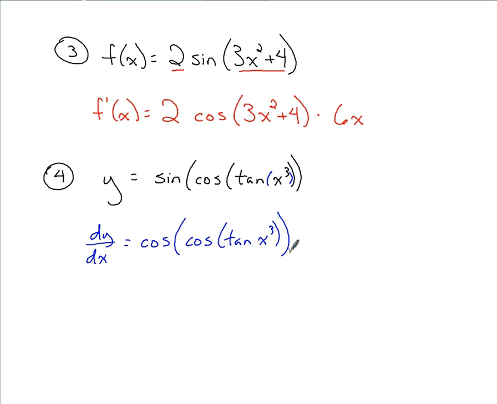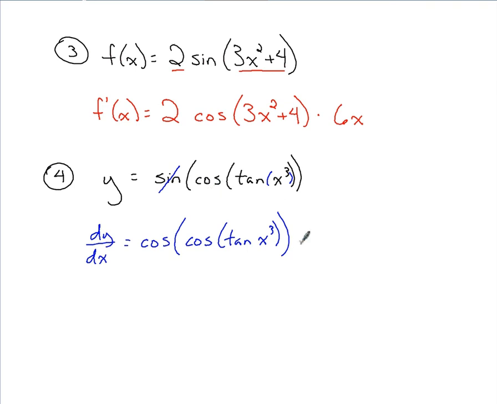So it's kind of like I can check this one off the list, right? I've dealt with that one already. But now I go back and I look at what's left. What's left that I've not taken the derivative of? Well, going from the outside in, next I'd have cosine to deal with.